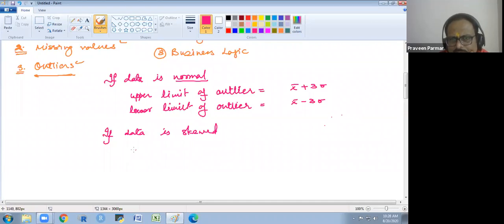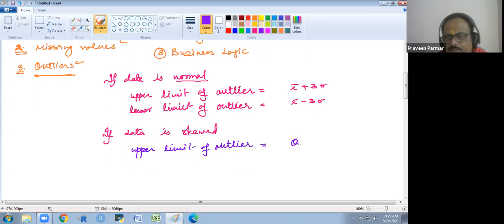Then the upper limit of outlier is equal to Q3 plus 1.5 into Q3 minus Q1. This one is the IQR. For the lower limit, can somebody explain the formula?